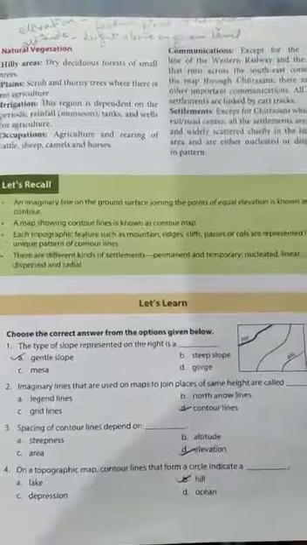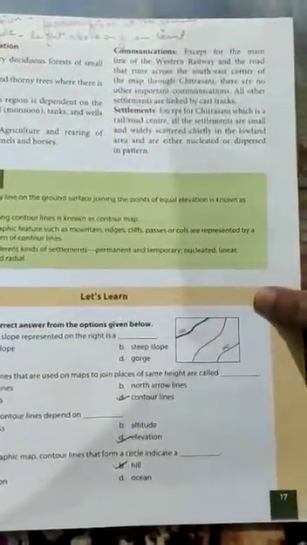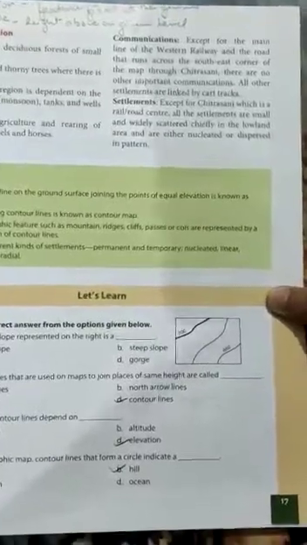Next is natural vegetation. First is the hilly areas, so dry deciduous type of forests of small trees are present. Plains, scrub and thorny trees where there is no agriculture, only scrub and thorny trees are there. And irrigation, what is the means of irrigation there?